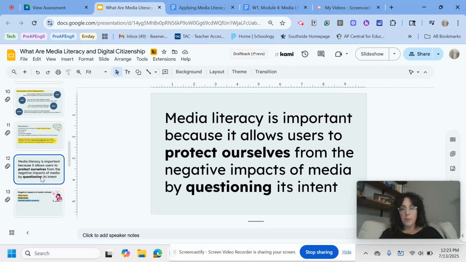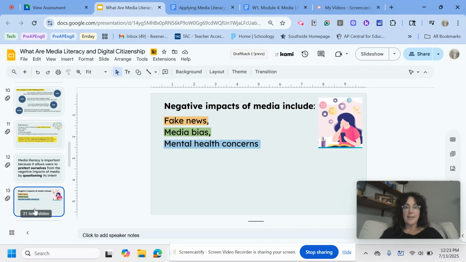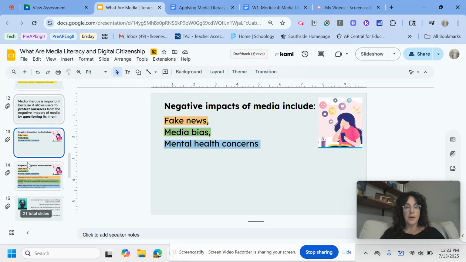Media literacy is so important for students because it allows all of us users to protect ourselves from the negative impacts that some media can have by questioning its intent. So here we'll move on to those negative impacts and what I want to really encourage students to protect themselves from.